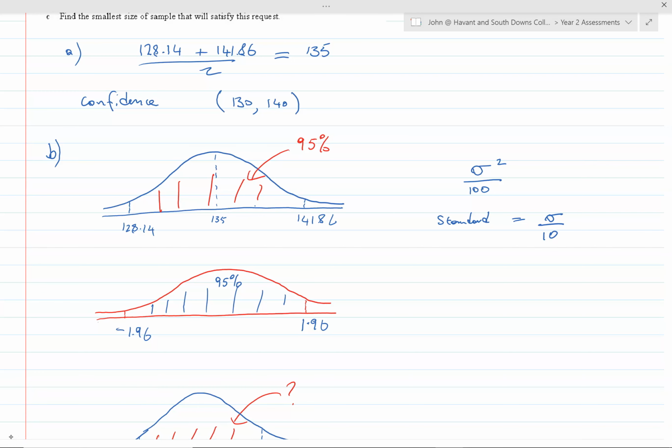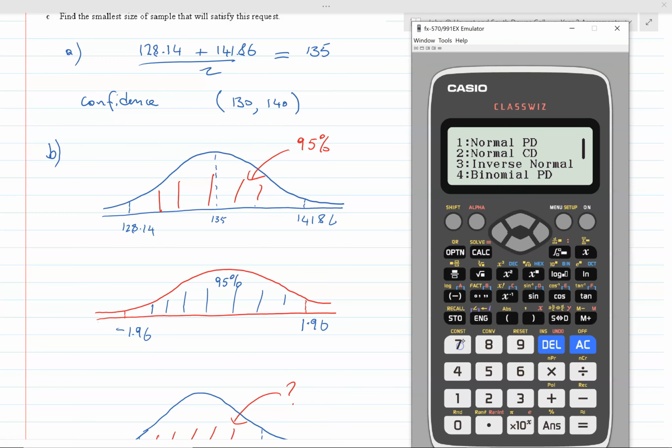I'll just show the calculator once. So menu 7, normal CD, and we're putting 0.975 into there because it's 2.5% each side. So we get, it's actually very close to 1.96, so we'll leave it as 1.96.